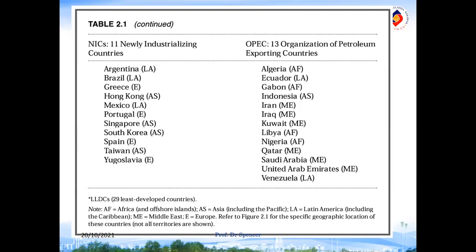South Korea particularly, one of the countries with high income and also high rate of industrialization. All right. Then you have the OPEC, the Organization of Petroleum Exporting Countries, termasuk negara Indonesia, Saudi Arabia, United Arab Emirates, and so on, Iran, Iraq. These are oil producing countries.